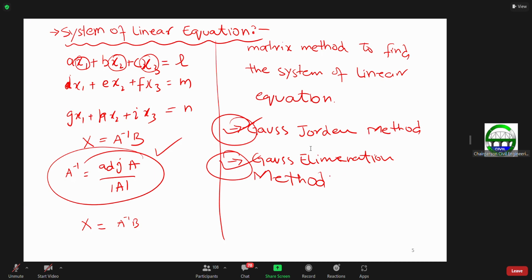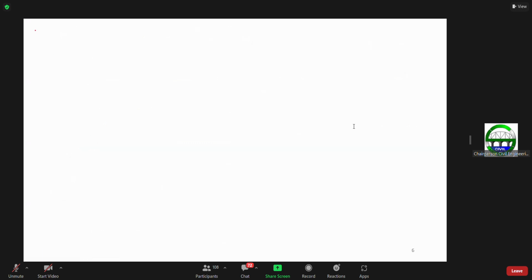We're going to talk about the Gauss elimination method, and then we're going to talk about the Gauss-Jordan method to find the solution of the linear equation. So in here, let's see, we will go with an example. Example number 1.